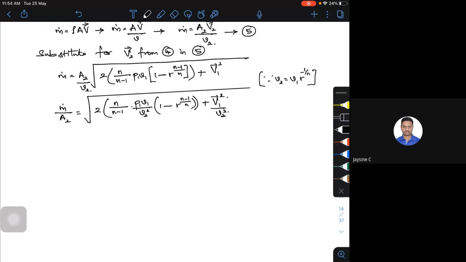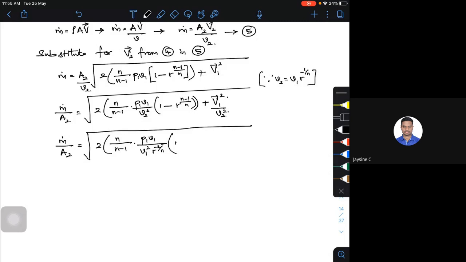So substitute for v2. What will happen? m dot by a2 is equal to square root of 2 into n by n minus 1 into p1 v1 divided by v1 square r to the power of minus 2 by n, into 1 minus r to the power of n minus 1 by n, in brackets, plus V1 square divided by small v1 square r to the power of minus 2 by n.